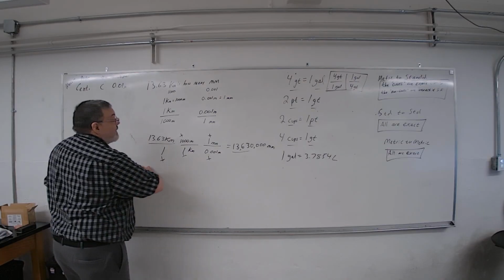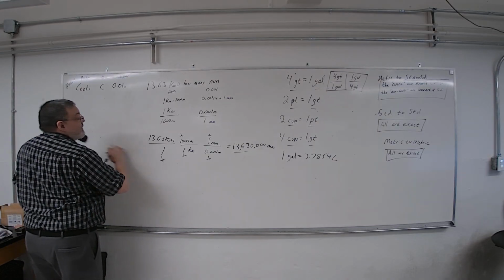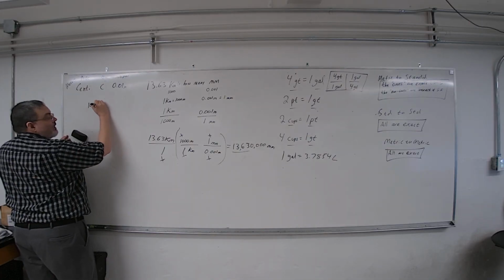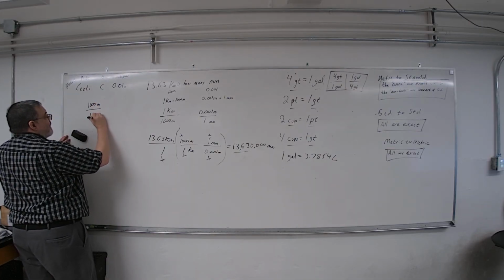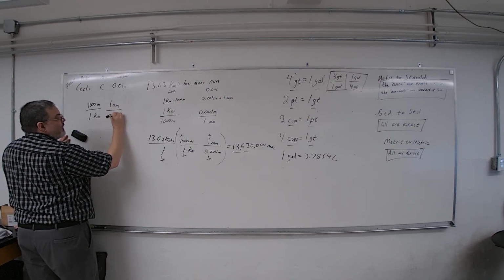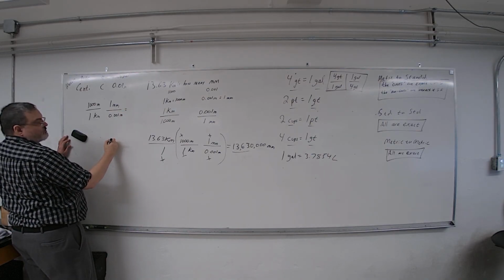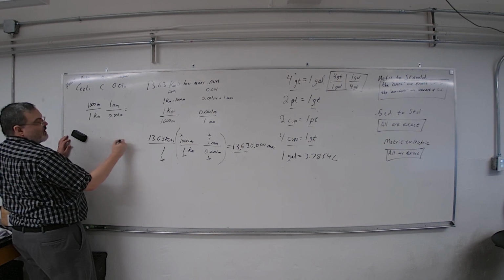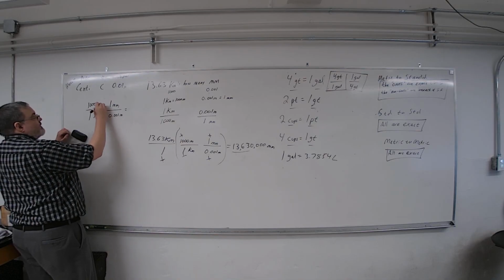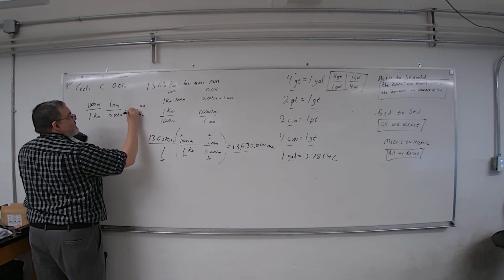That works, but I want to point out that just working with the conversion factors, you could just do that part in the middle there. If you do this, the meters cancel, and you end up with millimeters to kilometers.